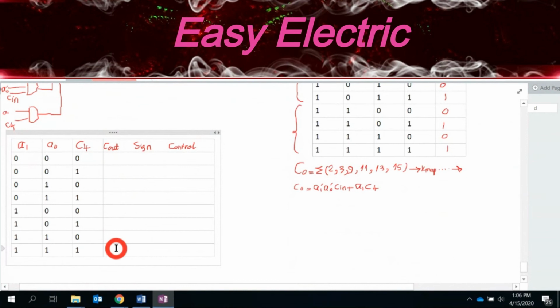So let's see, first, similar to the previous design problem, I consider these two first, because in this, these should be add, x plus y. Here should be x plus 1. Here should be x minus y, and here we should have x minus 1, right?